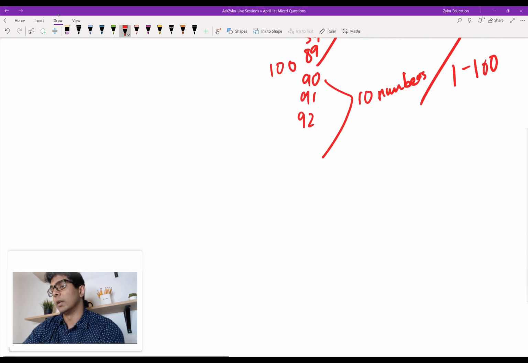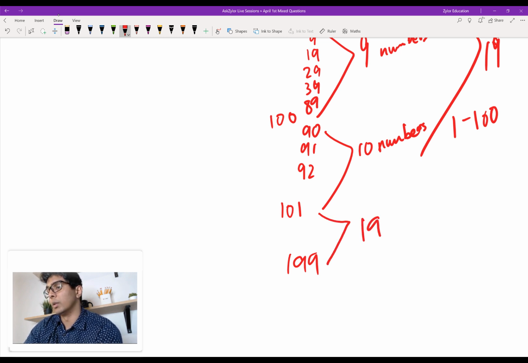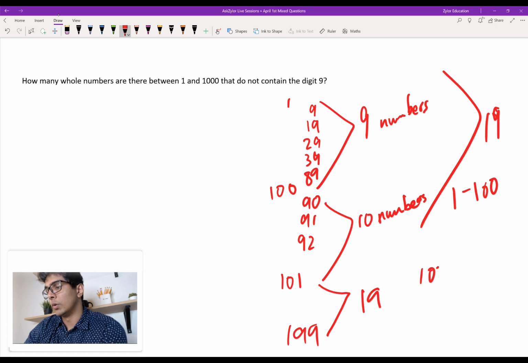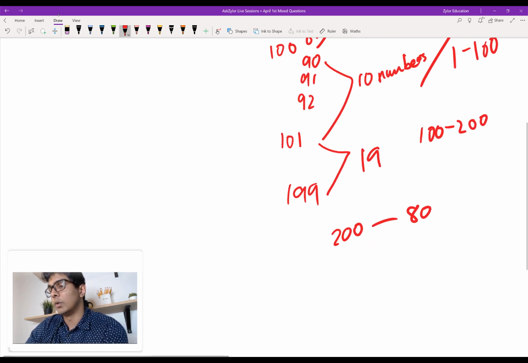So then if we look at what we would see between 101 and 199, we should see the same amount of numbers. So we should get 19 numbers again. So when we go from 100 to 200, we should get 19. And then after 200, all the way to 800, every increment of 100, we should see 19.